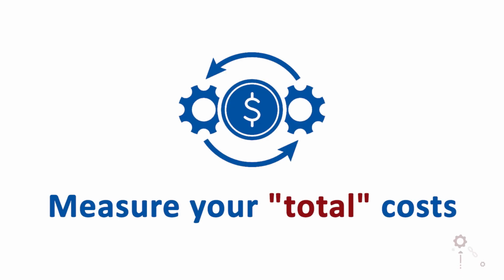The foundation of any action on costs is measuring them. It's easy to measure some different costs here and there, but getting an overall appreciation of total costs allows us to put other identified costs into context, and this is essential.